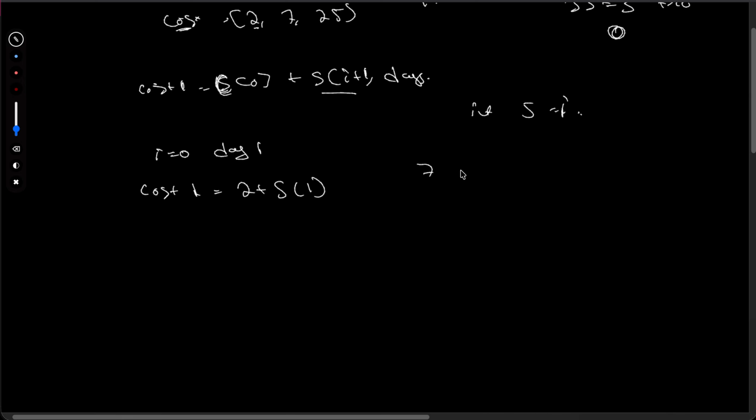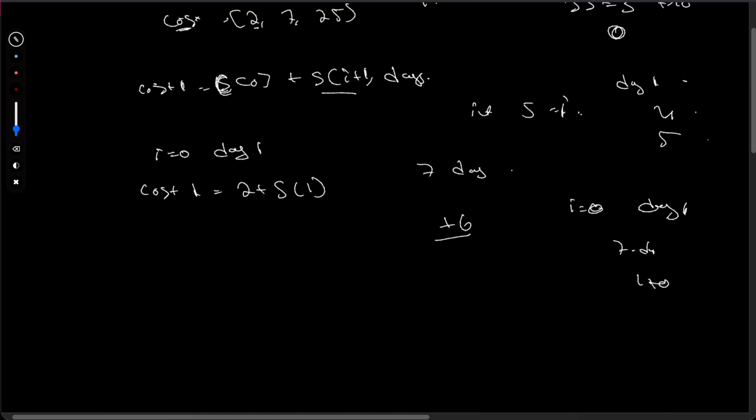So we have a 7 day ticket. A 7 day ticket covers the current day and the current day plus 6. So we move j forward until the day is not covered. So see, I is equal to 0 and the day is 1. The 7 day ticket covers 1 to 7. So day 1 is covered, day 4 is covered, and day 5 is covered, all covered. So j becomes 3.